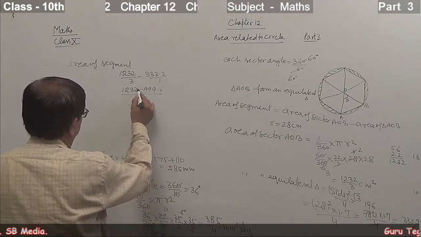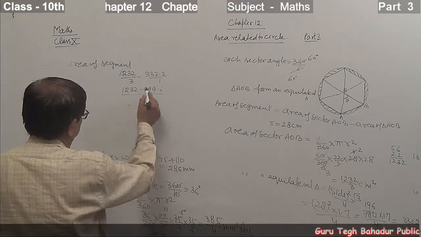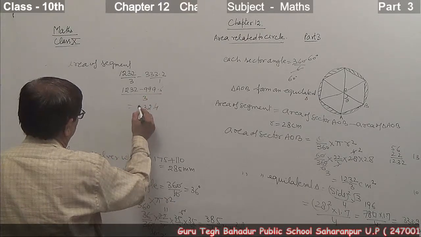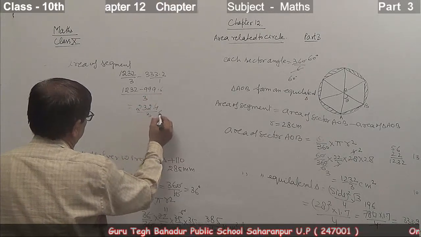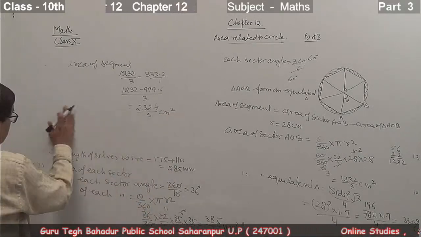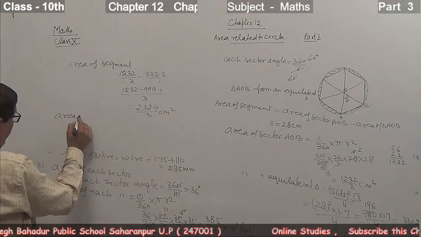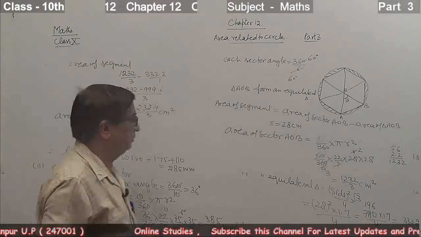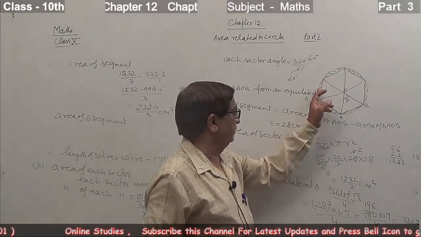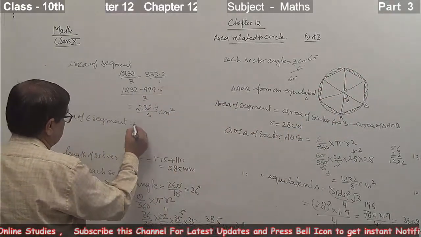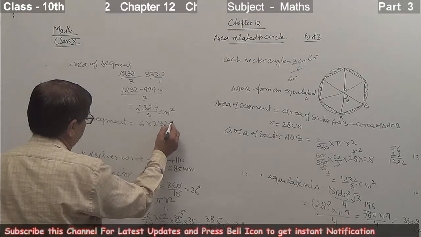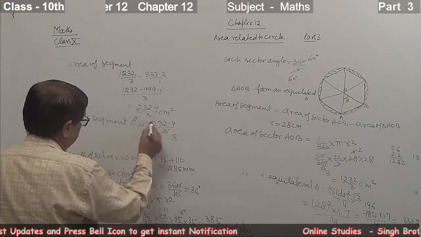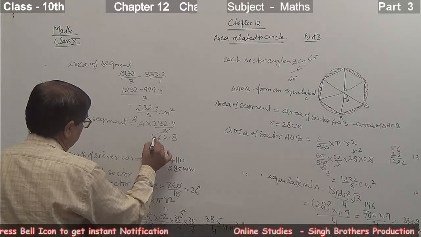Now subtract it, and we get 232.4 upon 3. This is the area of one segment. There are 6 segments: 1, 2, 3, 4, 5, 6. So 6 into 232.4 upon 3, that is 2 4s are 8, so 464.8.